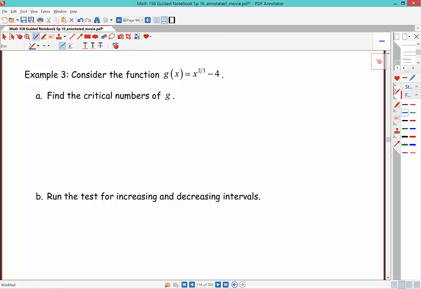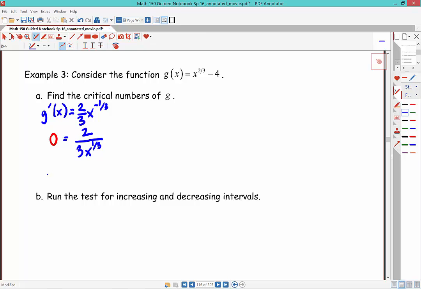We need to find the critical numbers of G. So one way is finding the zeros of the derivative, right? So if we say G prime at x is equal to, so we'll get 2/3 times x to the negative 1/3 minus 0. And so finding the zeros of this, I'd end up with 0 is 2 over 3x to the 1/3.